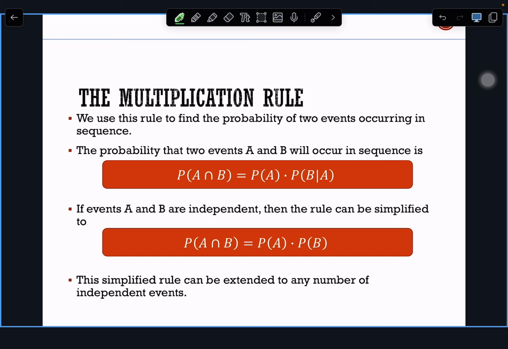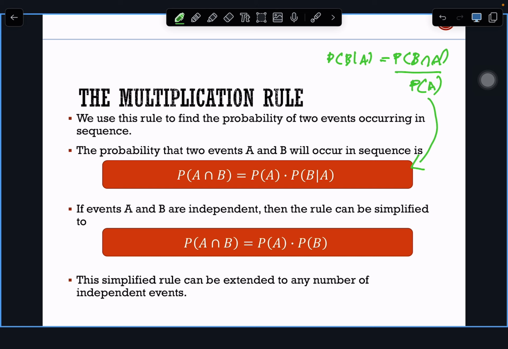So let's say we have P(B given A), this one equals P(B intersect A) divided by P(A). So if you rearrange this one, you will get this one. Agree?